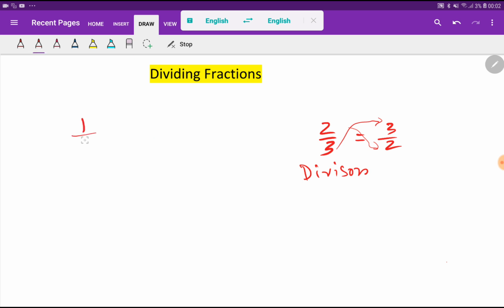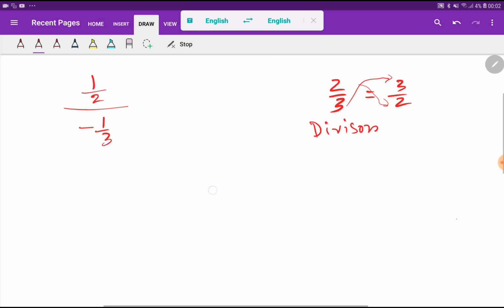Look, how to divide 1 by 2 by minus 1 by 3. Look, this problem means we need to divide 1 by 2 by minus 1 by 3. This minus can go with 1 or can go with 3, right?